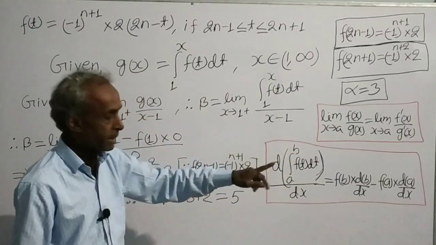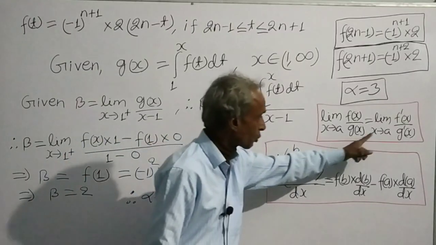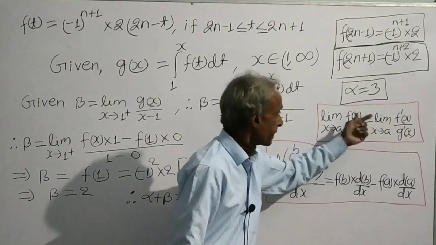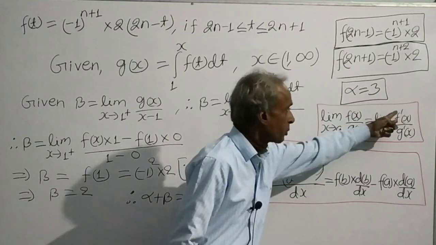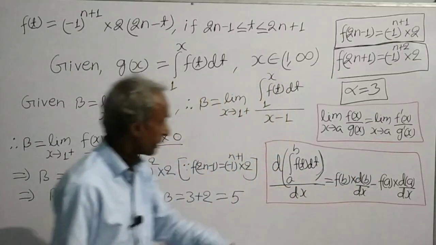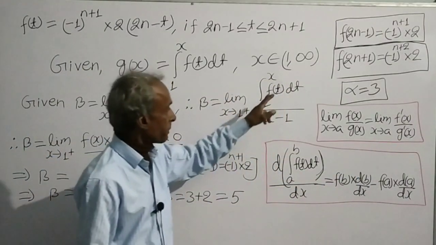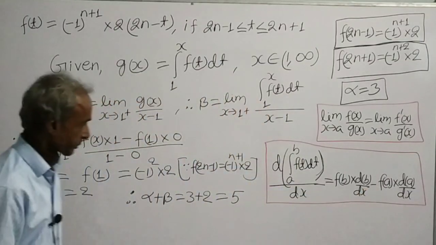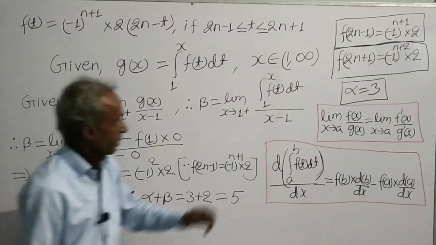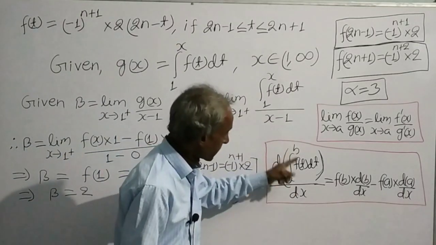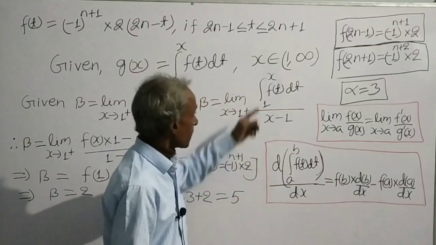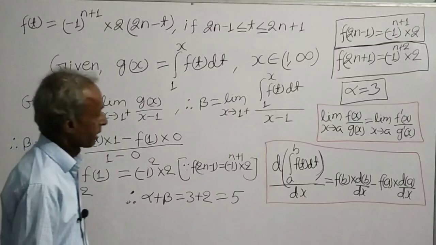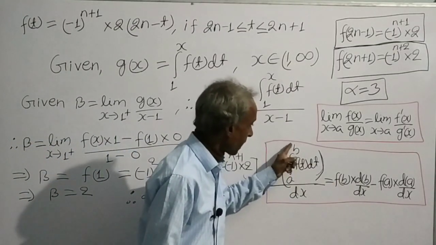To find this limit, we will use L'Hospital's rule. This limit is equal to this limit, meaning derivative of numerator by derivative of denominator. To differentiate this numerator, we will use this formula. We put the upper limit in place of t. Here it is x, therefore we write f(x) times. Now we differentiate the upper limit.